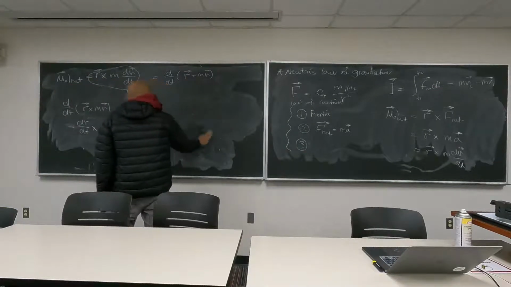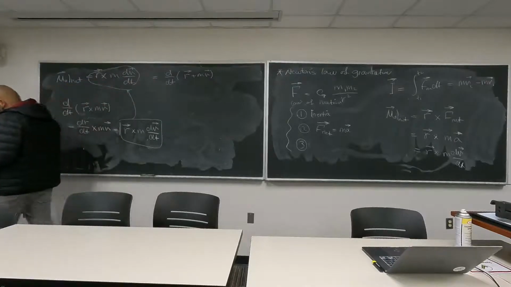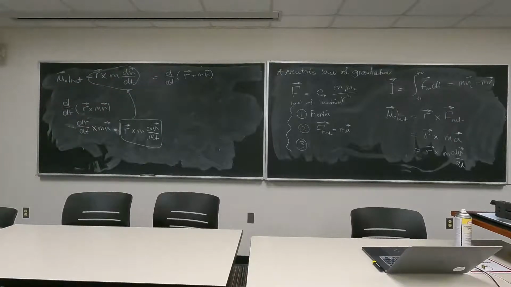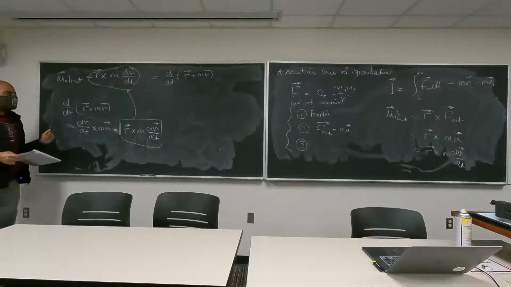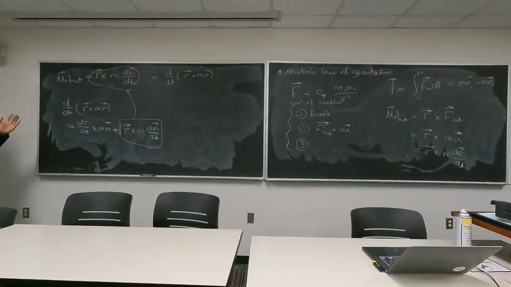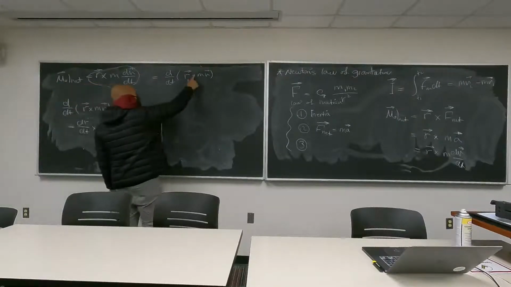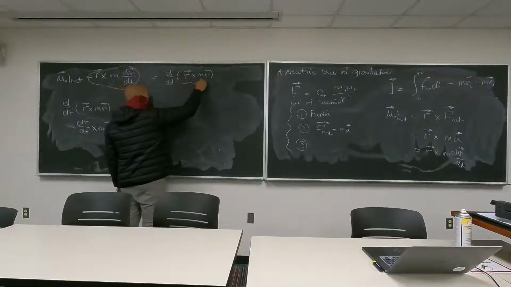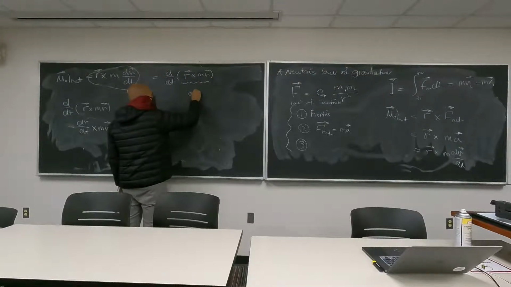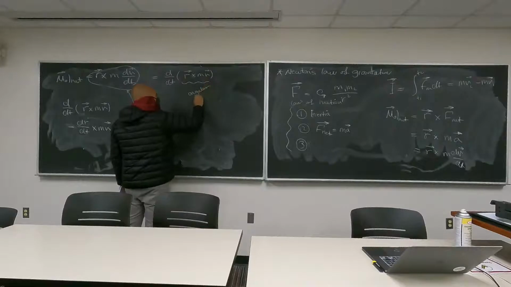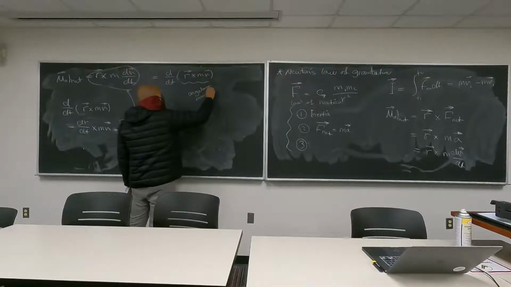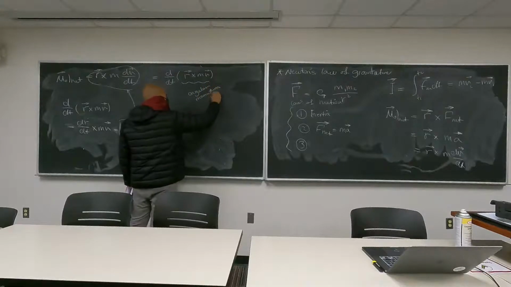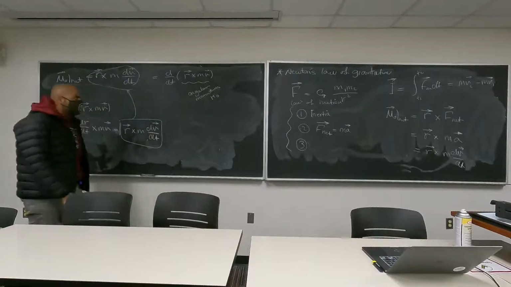So your net moment is equal to d dt of r cross m v. This is called angular momentum, or h naught.